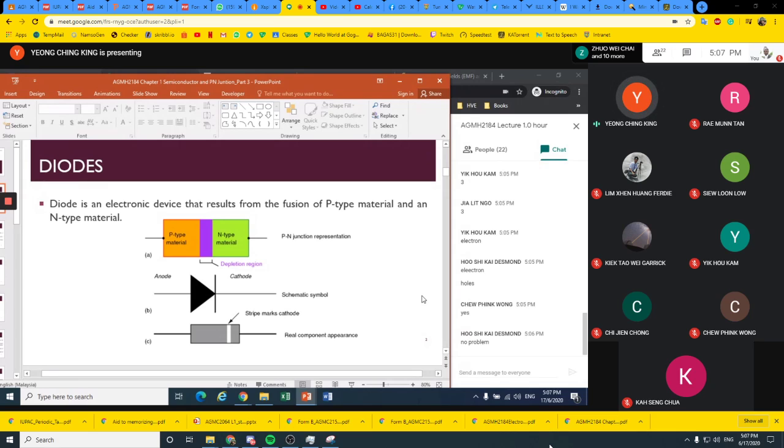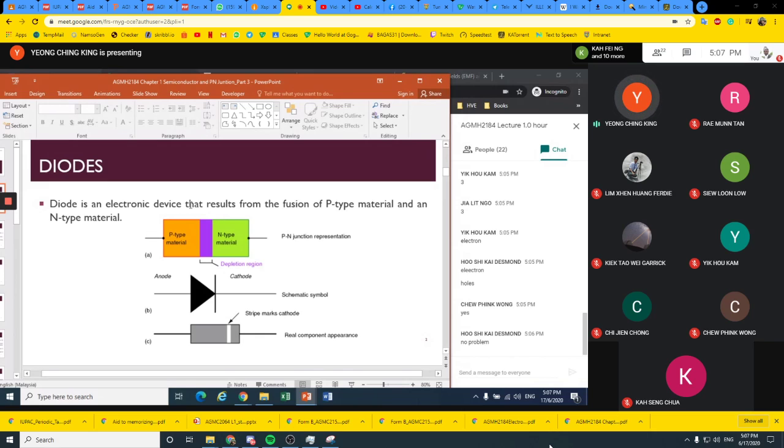Diodes are a specialized electronic component that is usually used as rectifiers, signal limiters, voltage regulators, switches, signal modulators, signal mixers, signal demodulators, and oscillators. So you can see there are a lot of electronic components that can perform their function by using the diode.